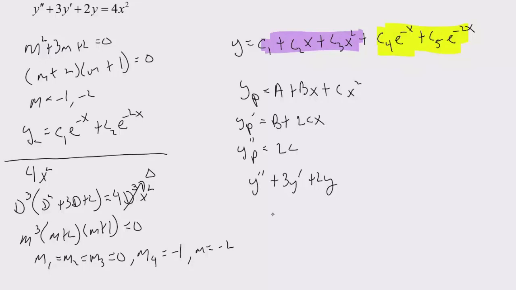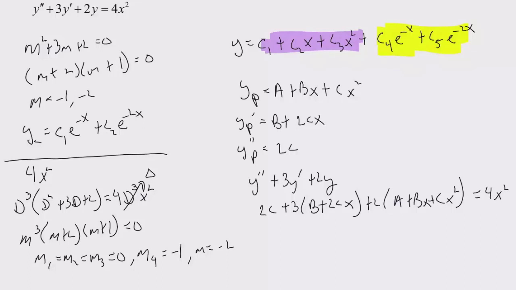So that would be 2C plus 3B plus 2Cx plus 2A plus Bx plus Cx squared, all of which has to equal 4x squared.